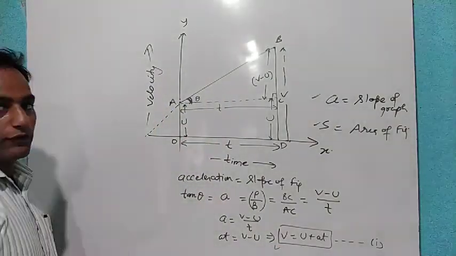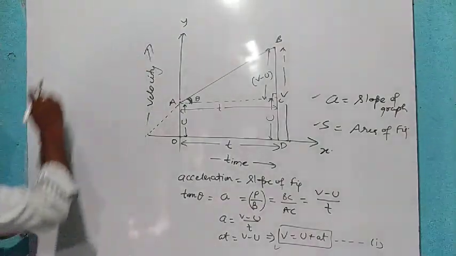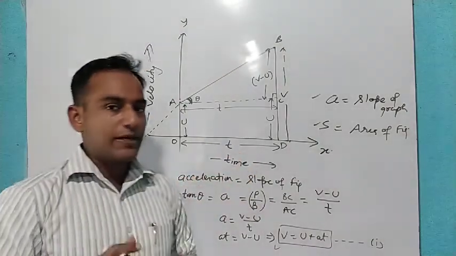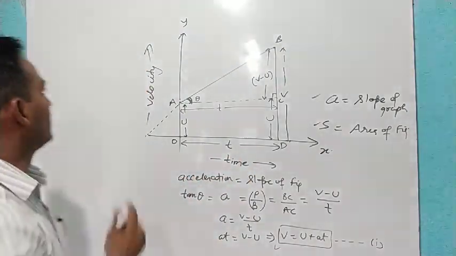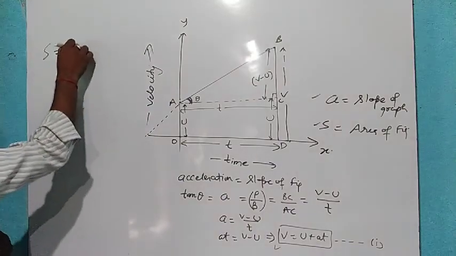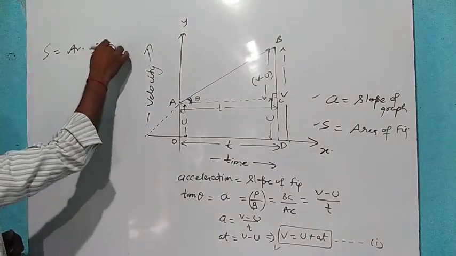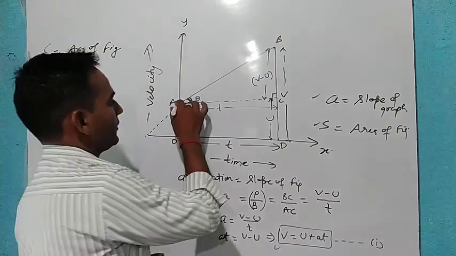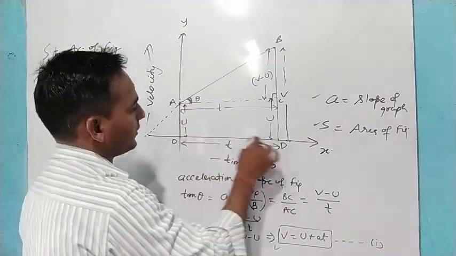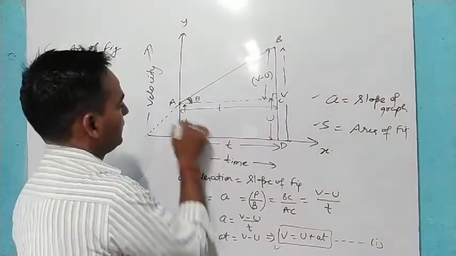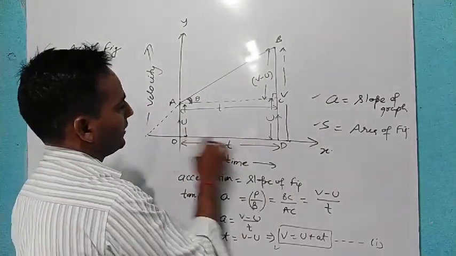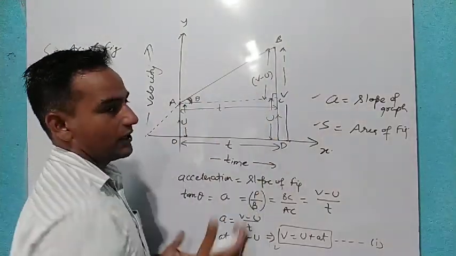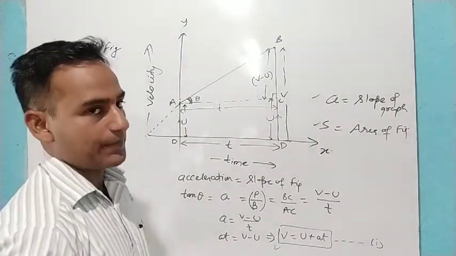Now for the second equation of motion, listen carefully. I told you to find displacement, we will find the area of the figure. So we will write displacement is equal to area of figure. And area of figure is what? This figure is nothing but a trapezium. See, these two are parallel lines, and this is a quadrilateral. A quadrilateral with two parallel lines is called a trapezium.